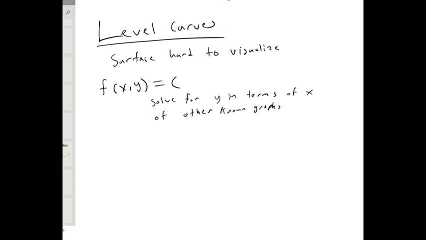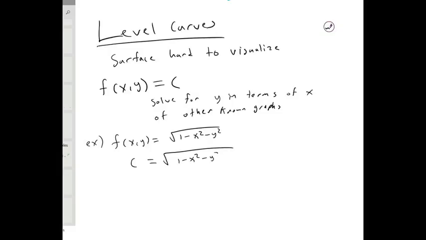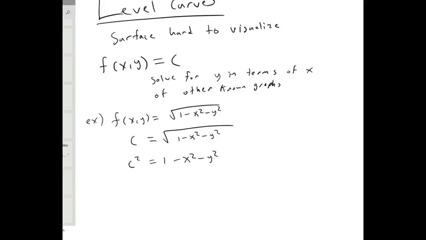So I'll just do an example. We'll use that function that we were talking about before, f of x y equals the square root of 1 minus x squared minus y squared. And we can set that equal to some c. If we square both sides, we get c squared equals 1 minus x squared minus y squared.